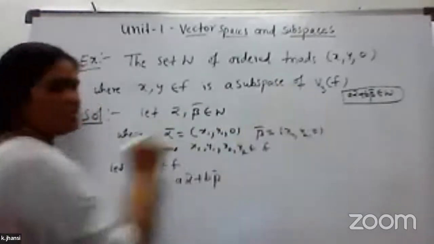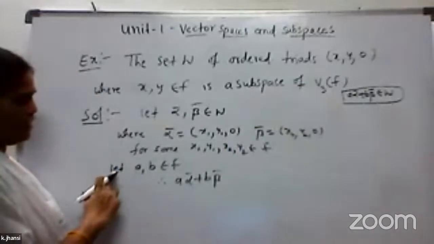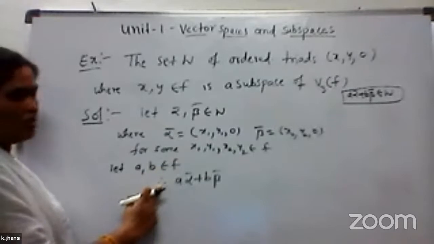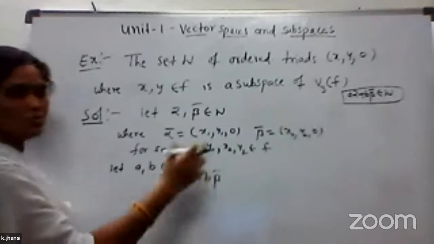To prove the condition we need a and b, so let a comma b belong to the field of scalars.